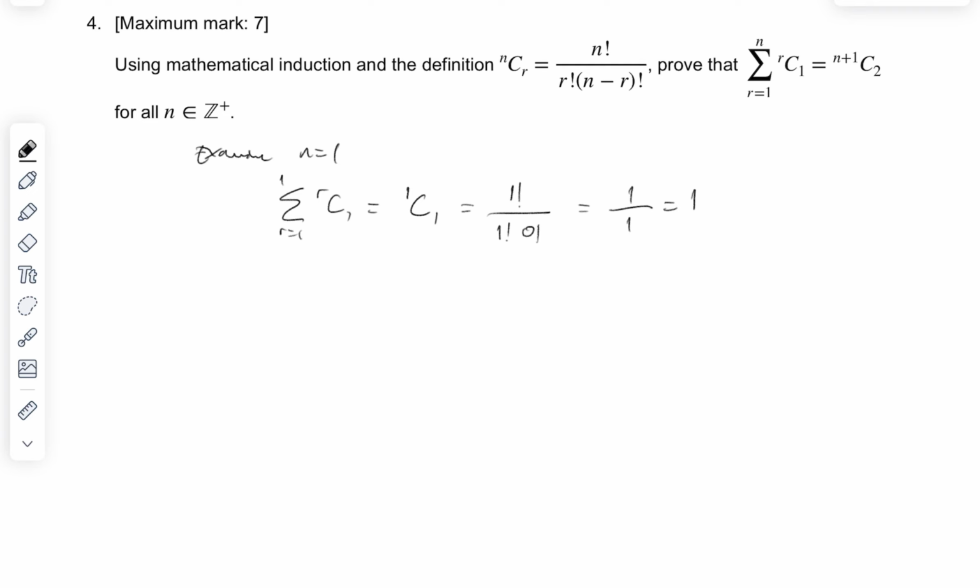Let's check the other side. So n plus 1 C 2 equals 2C2, which is 2 factorial over 2 factorial 0 factorial, which is also 2 over 2, which is 1. So therefore true for n equals 1.